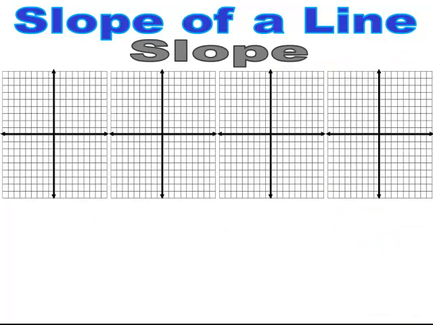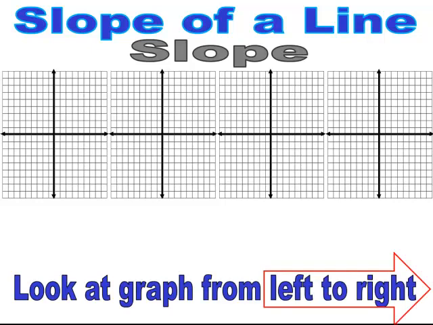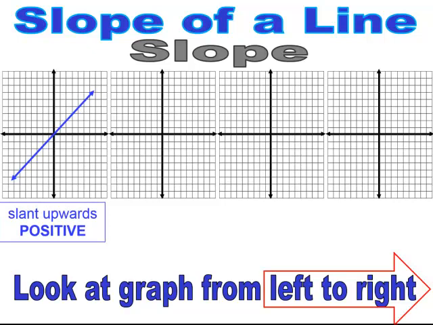When we're looking for slopes and determining whether a slope is positive, negative, 0, or undefined, you always want to look at the graph from left to right. So in a picture, if we're looking from left to right and it slants upward, it's a positive slope.